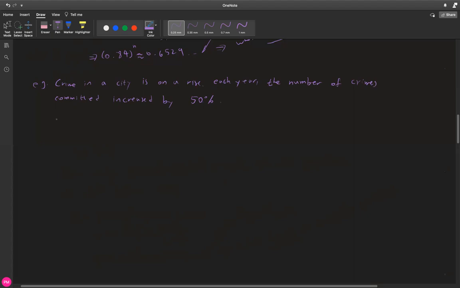So now let's assume that there were 204 crimes in 2019.